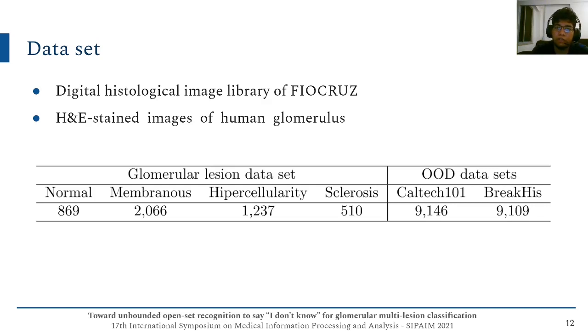Here we also have the number of images of each class, where we can note the low number of sclerosis images. We evaluated our out-of-distribution method with two datasets: Caltech 101, which is an object detection dataset, and BreakHis, which is a dataset of breast cancer histology images, with the same stain as the glomerular dataset.